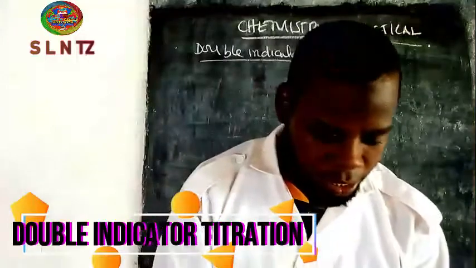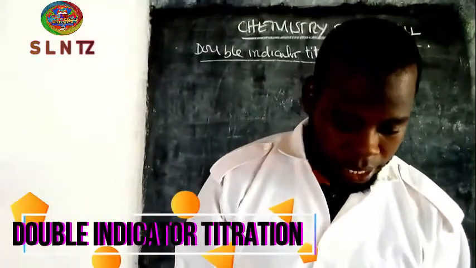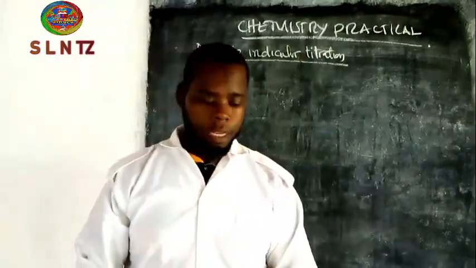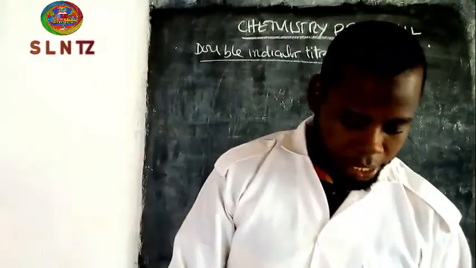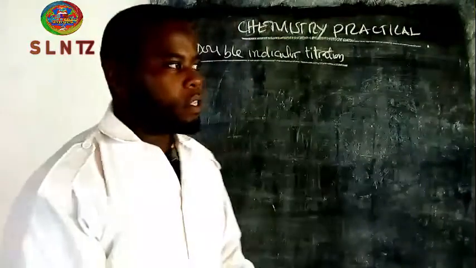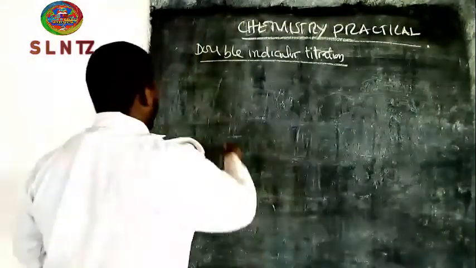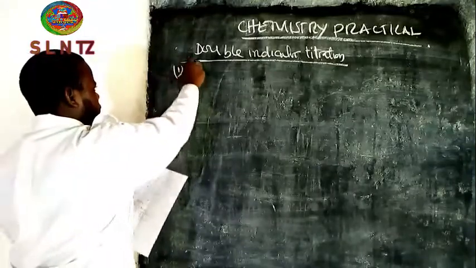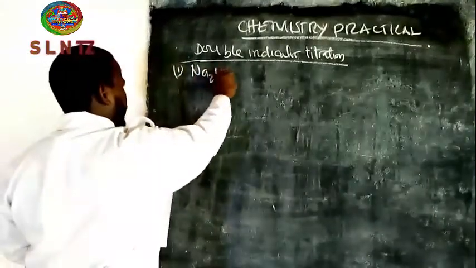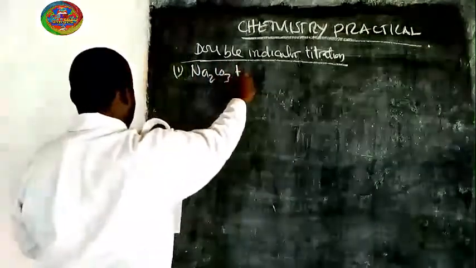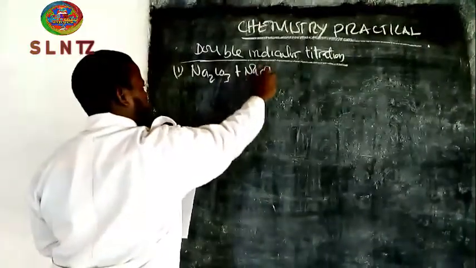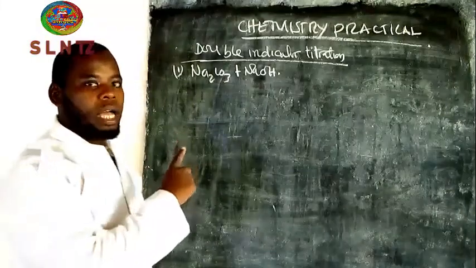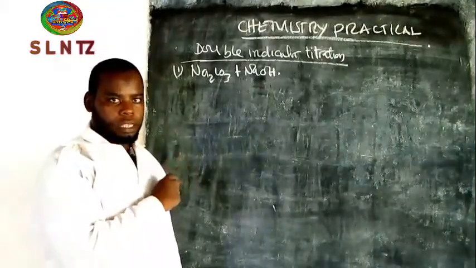Double indicator titration means you use two indicators, methyl orange and phenolphthalein. The first practical you have to revise is the double indicator of sodium carbonate mixed with sodium hydroxide. You have to revise these practicals in order to be aware during your preparations.